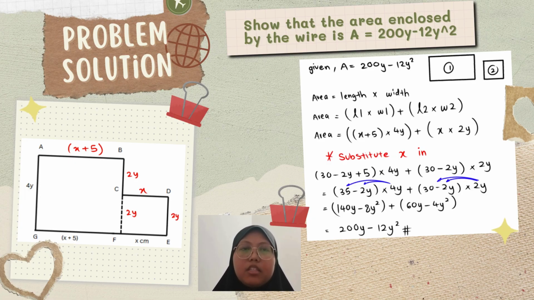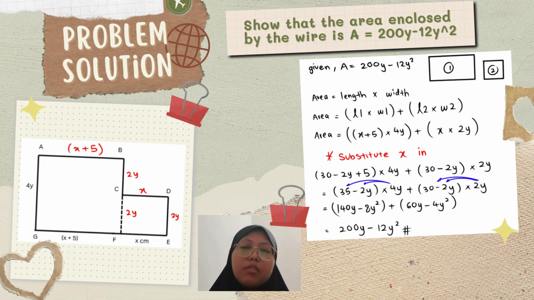We can simplify this to get (35 minus 2y) times 4y plus (30 minus 2y) times 2y. Then the 4y is multiplied into the bracket to its left, and the 2y is multiplied into the bracket to its left. So we get 140y minus 8y squared plus 60y minus 4y squared.